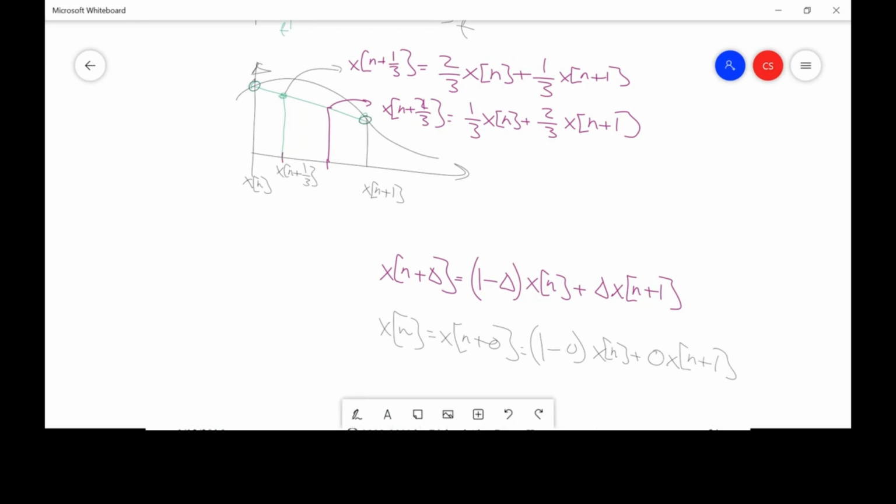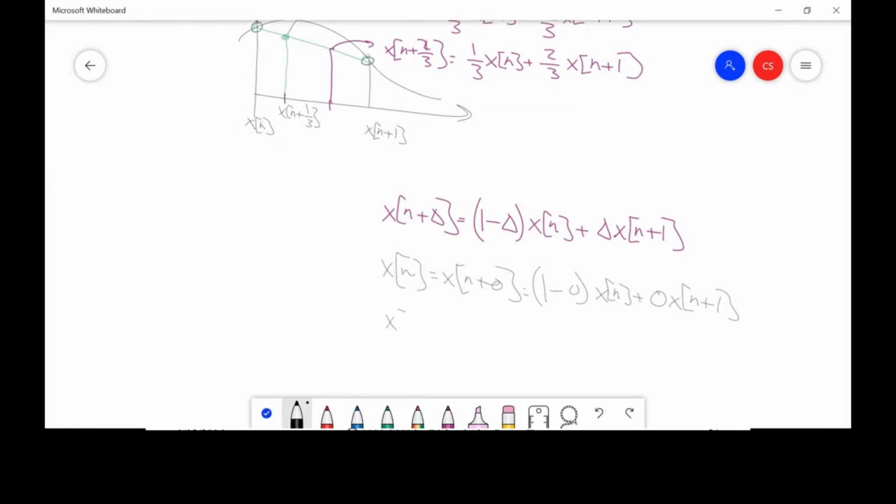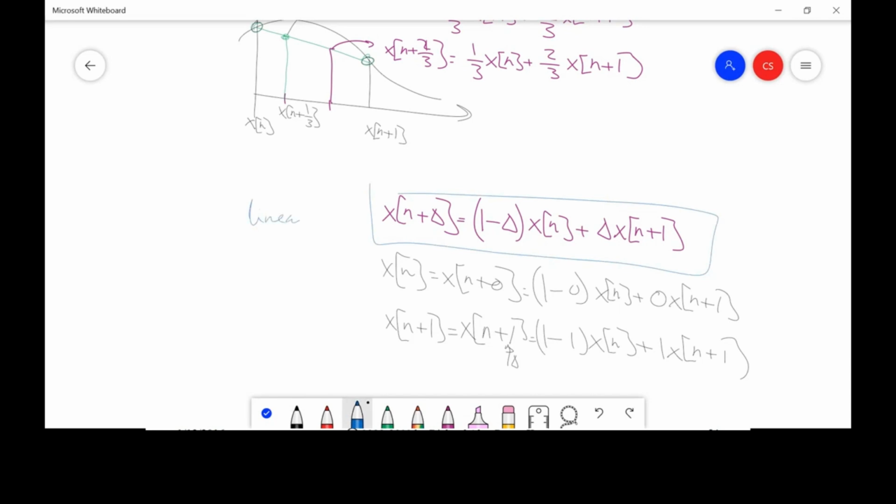If I want to compute x of n plus 1, delta is 1. And this will be 1 minus 1 times x of n plus 1 times x of n plus 1. Okay, you have it. You don't have to interpolate. So this is linear interpolation. Okay, so we'll do the same, but now in 2 dimensions.